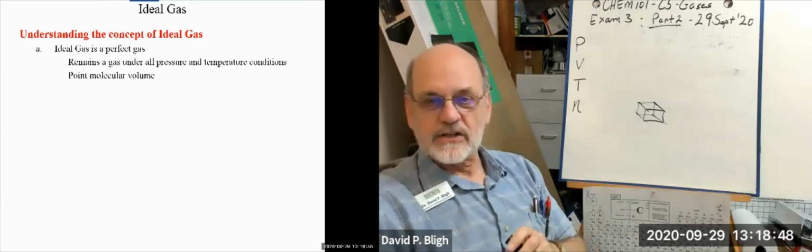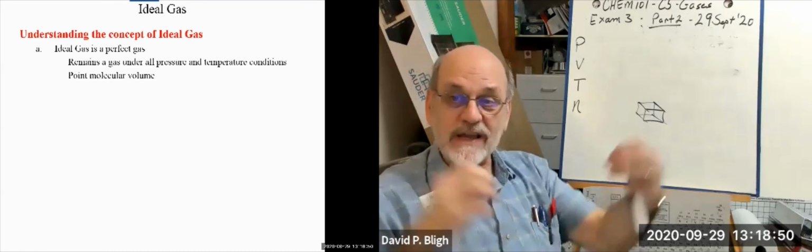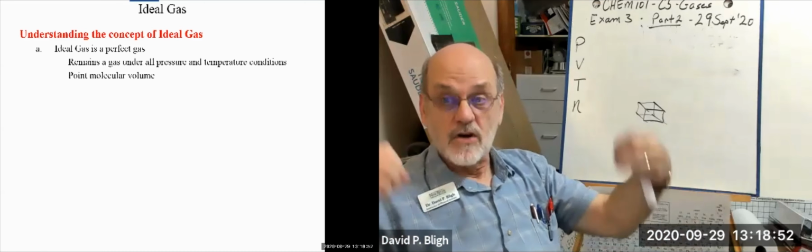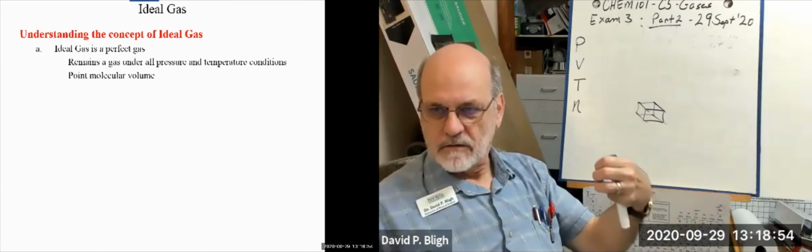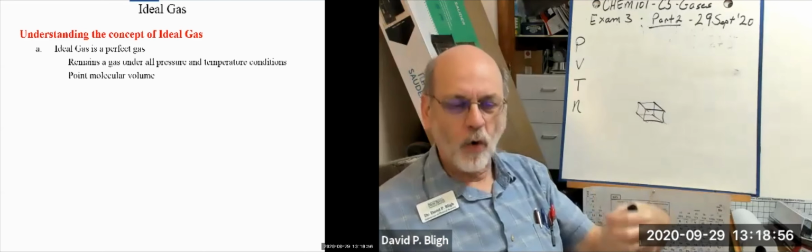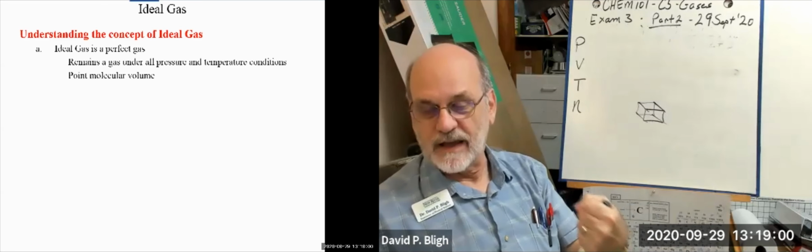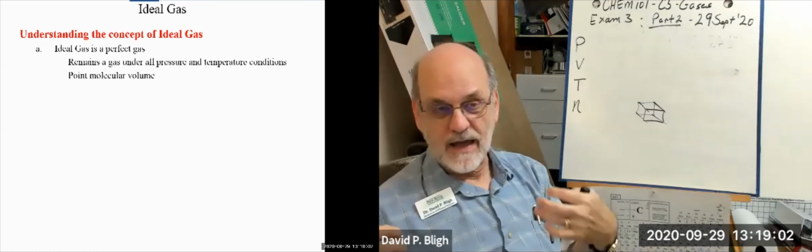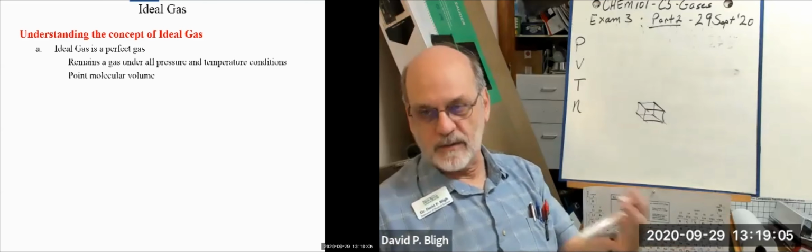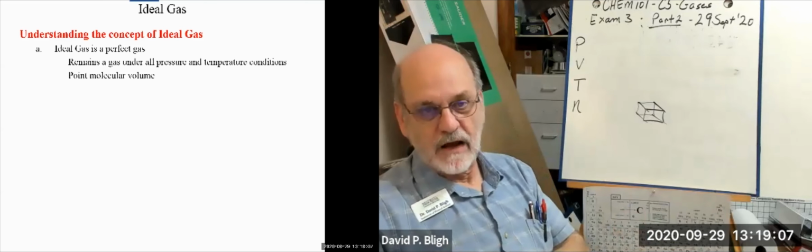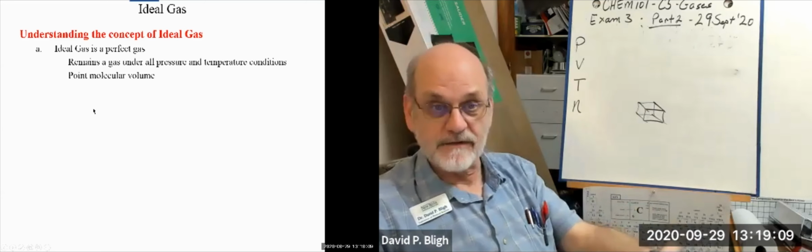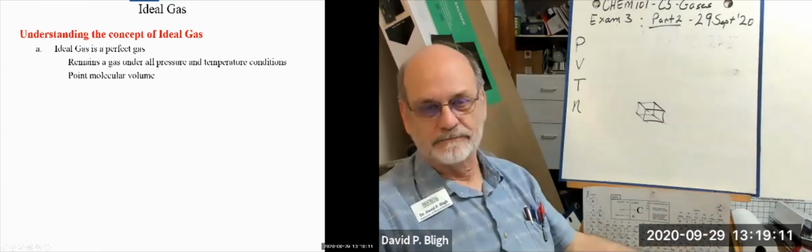Well, under conditions where the space between the gas molecules is huge, is several orders of magnitude bigger than the volume of the molecule itself. And then the volume of the molecule is insignificant to the volume of the gas. Under those conditions, you can treat the gas as if it were point molecular volume.